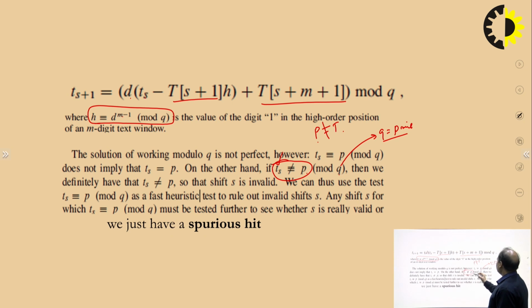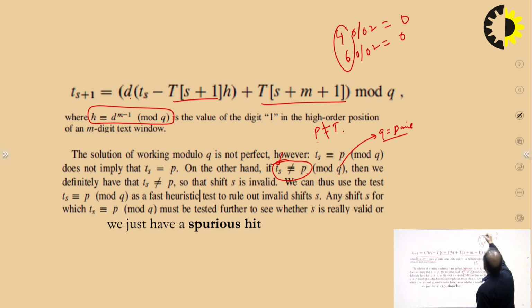However, if this is equal, you still need to check whether pattern is equal to text or not, because you cannot rely on the hash value, right? Two different patterns and texts can have the same value. Like, suppose you have 4 modulo 2 equal to 0 and 6 modulo 2 equal to 0 also, but 6 and 4 are not equal.